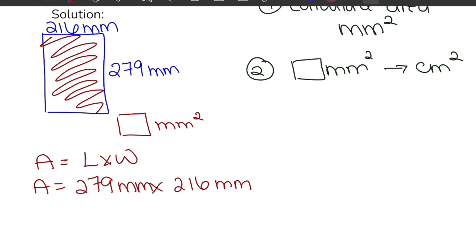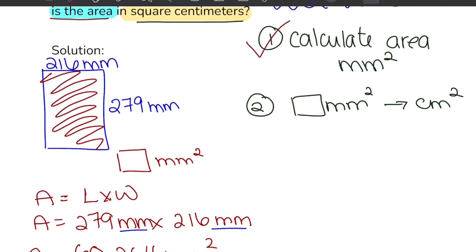Okay, so now let's multiply those numbers on our calculator. 279 multiplied by 216, and that gives us 60,264. The units will be millimeters times millimeters is millimeters squared. So now step number 1 is complete. We calculated the area of this sheet of paper in millimeters squared.